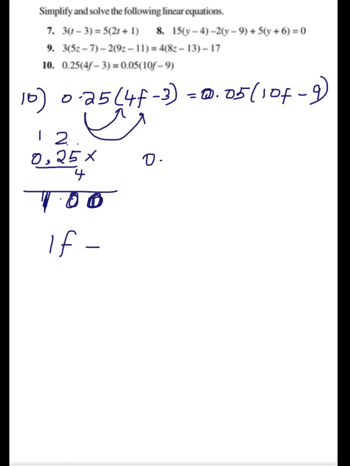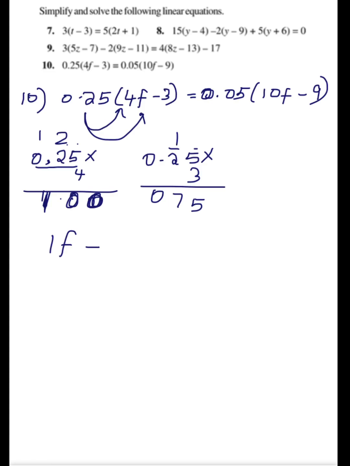0.25 into 3. 5 into 3 is 15, carry 1, 7, then 0. Here also in the question, after the decimal point, two numbers are there. So in our answer also, after the decimal point, two numbers should be there.